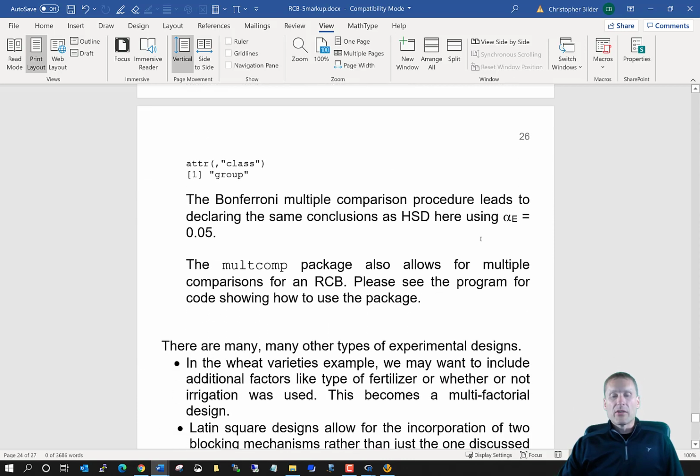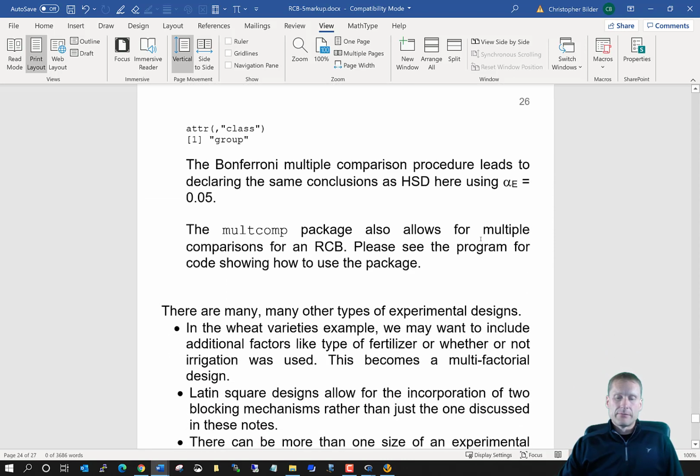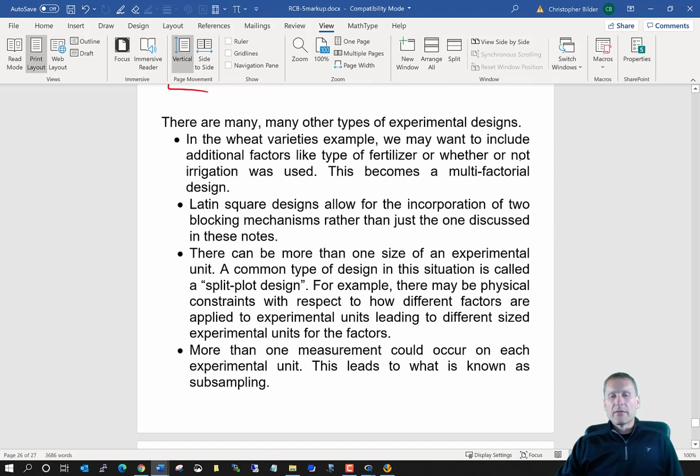So in other words, this agrees with what we had with the Tukey HSD. Now, you could also do this with the multcomp package too. I give some guidance about how to do that in the corresponding program if you're interested, but you're not responsible for it.